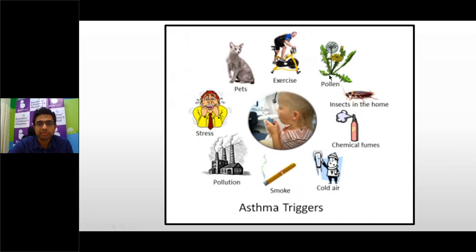Any exercise-related symptoms, pollen, which is more common in the Western world, house dust mite, cockroaches, any chemical fumes being exposed to, cold air, mist, environmental tobacco smoke, passive or active, which doesn't happen in our scenario, indoor air pollution or outdoor air pollution, and stress. All these are triggers common in urban as well as in rural areas.